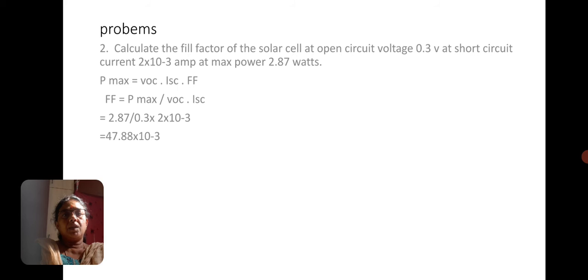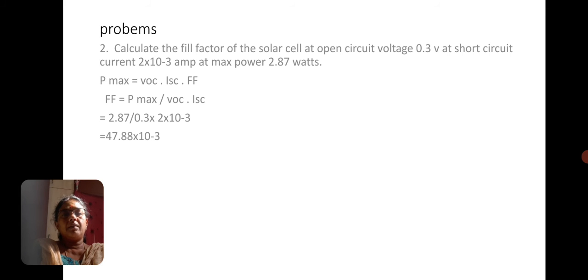Then fill factor is equal to, in the problem he has given maximum power P maximum is 2.87 divided by voltage 0.3 into short circuit current 2 into 10 to the power of minus 3 amps. After substituting that, you will get the fill factor as 47.88 into 10 to the power of minus 3.